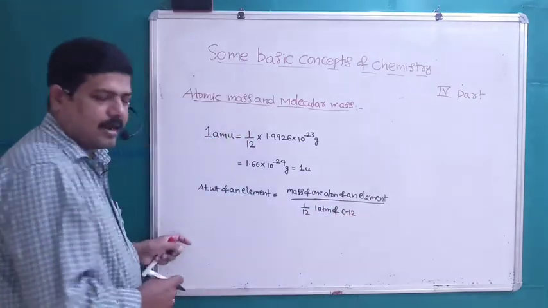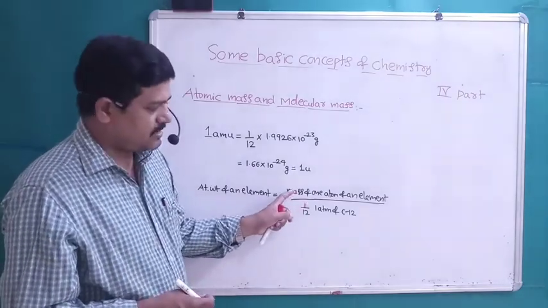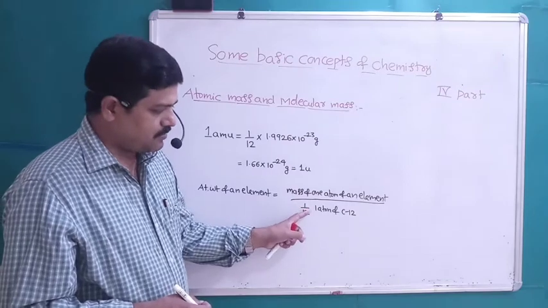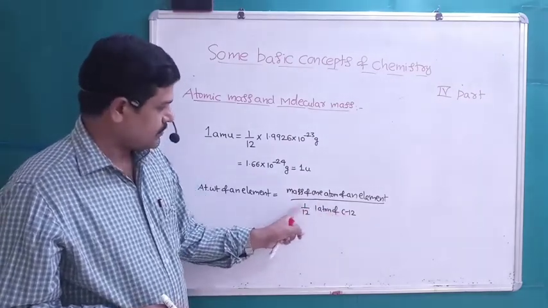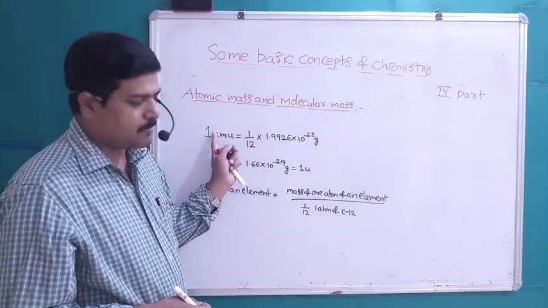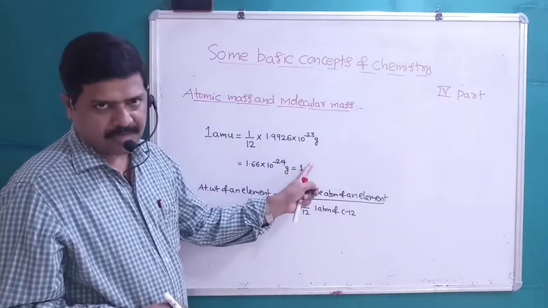So the relative atomic weight of an element is how many times it is heavier than 1/12th part of one atom of carbon-12, which is known as 1 AMU, atomic mass unit, which recently we call a unified mass.